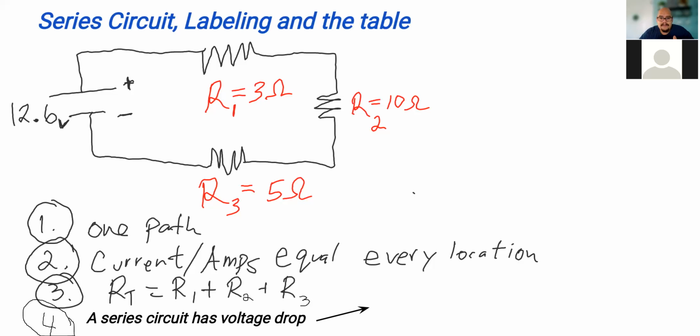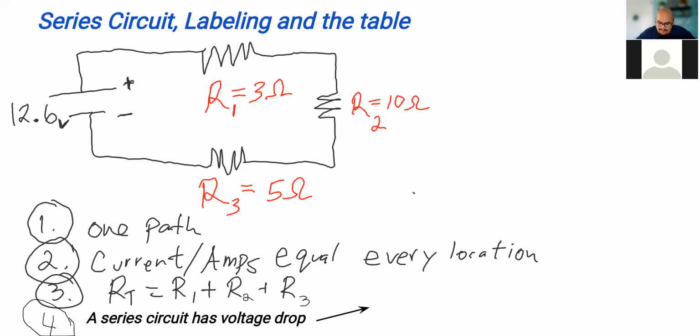One's 3 ohms, second is 10 ohms, and the third is 5 ohms. So the voltage is going to be split up proportionally depending on the size of the resistor. Less resistance, less voltage. More resistance, greater voltage drop. Okay, and we're going to see that in a second.